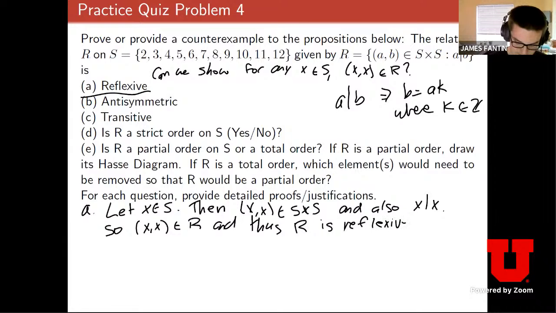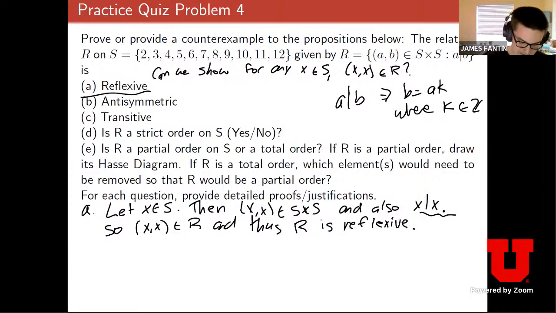Is there a theorem for why X divides X that we could mention in the proof? It's not really a theorem that we've gone over. You're asking whether we need a little more work to prove that? We could.